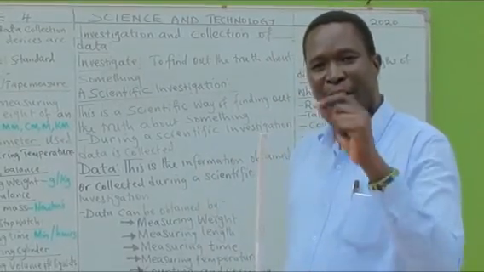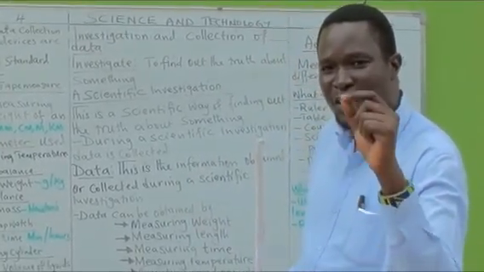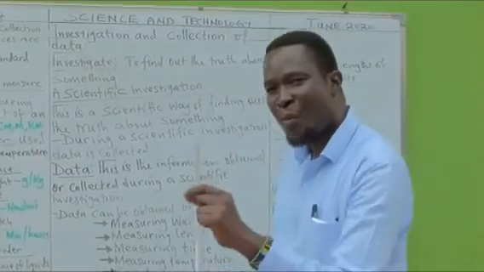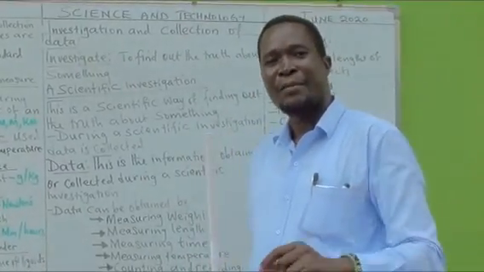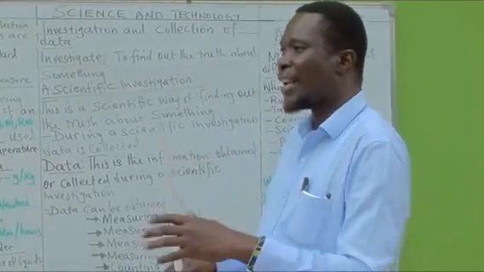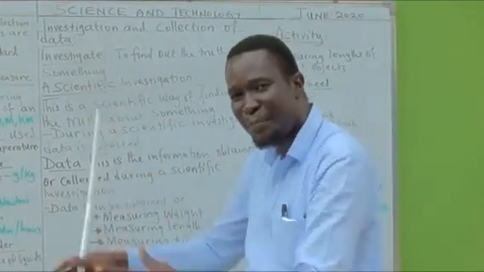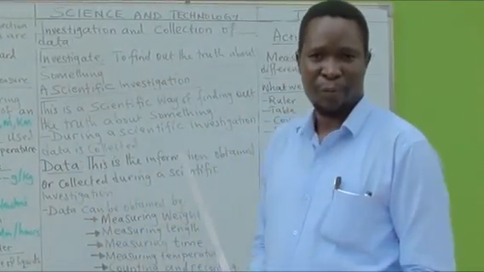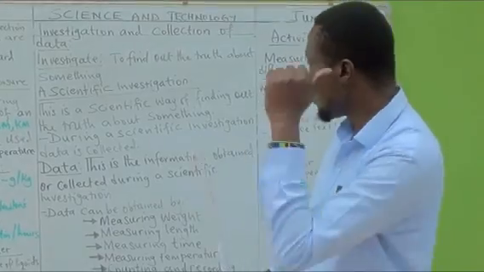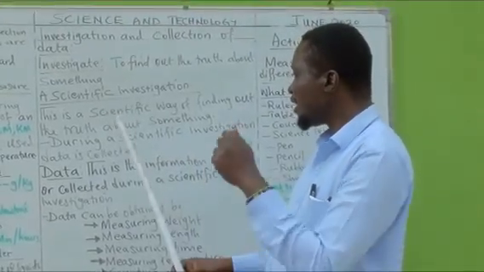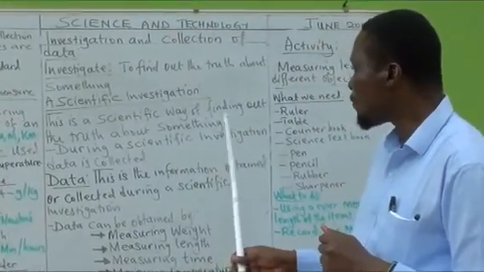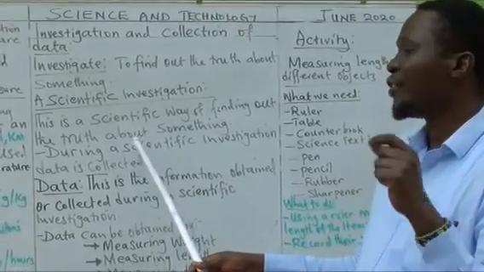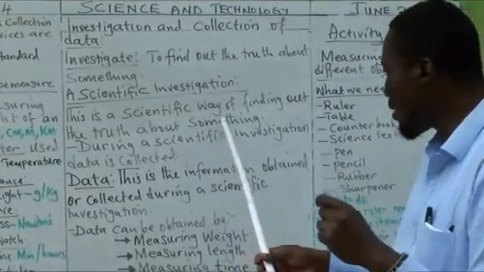If you are told to find out the temperature of a human being, you will take the thermometer and measure the temperature of different people. That is a scientific investigation.